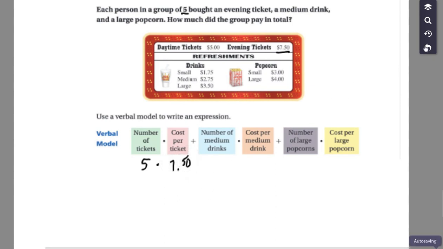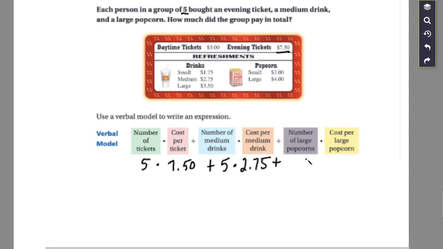Okay, so the number of medium drinks, still 5 people. How much is the cost of a medium drink? It is $2.75, right? I forgot to put a plus in there, but yeah, we're adding. How many large popcorns? 5 people.